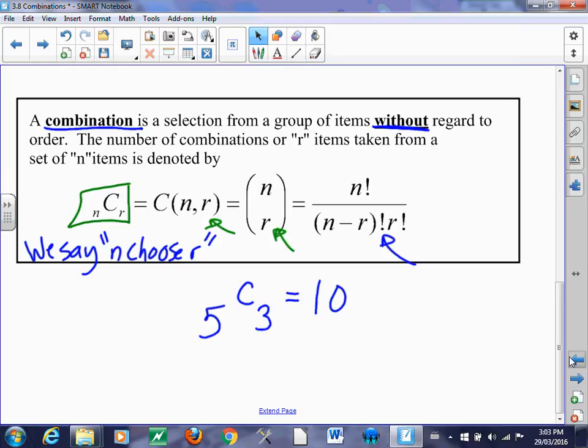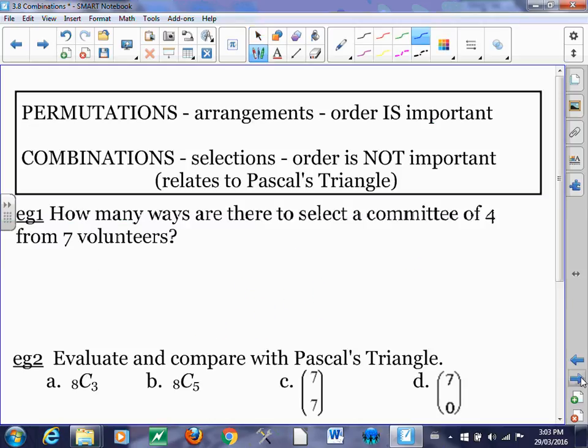So you're just going to see them in different formats, but just remember that the N always comes first and the R always comes last. And just remember that the N is your total number of items, and R is the ones that you're taking or selecting, okay? Or in this case, we're choosing.